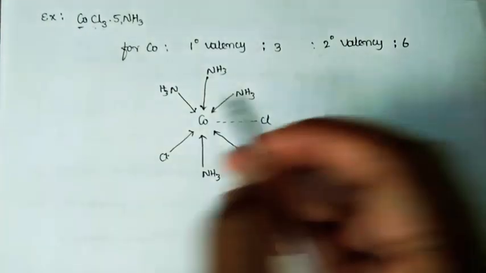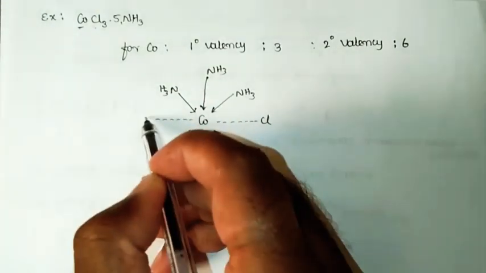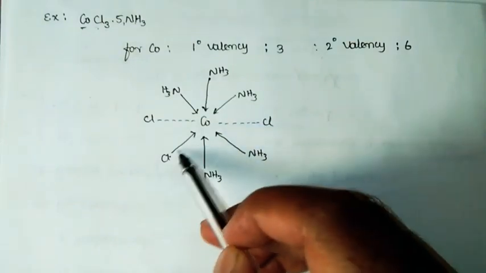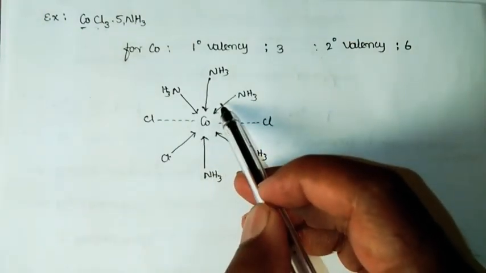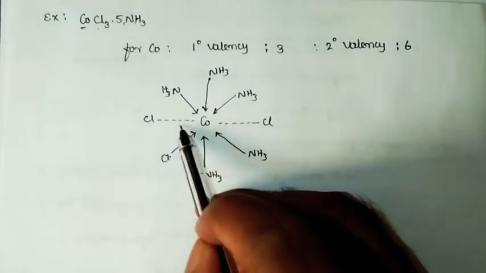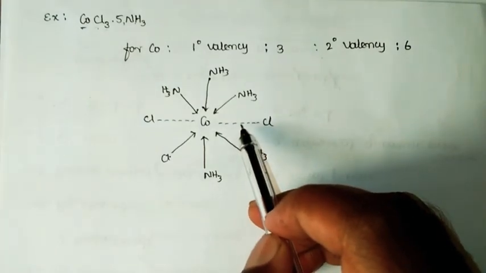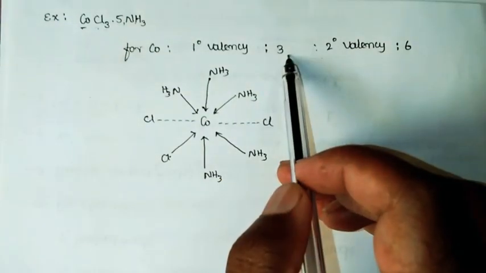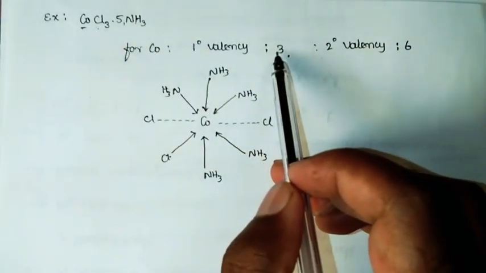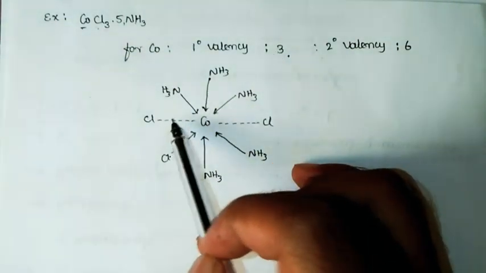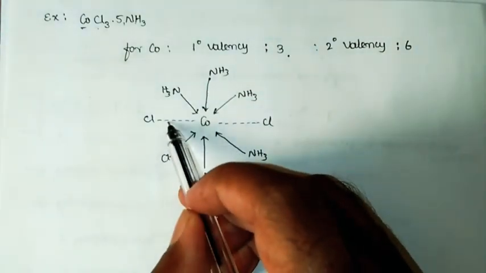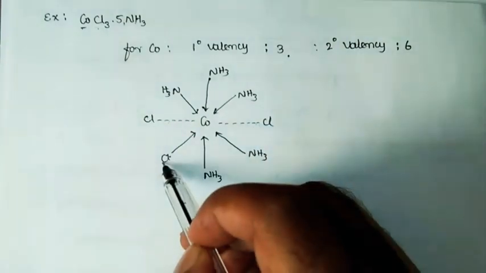So here one Cl and here one Cl. Here I have shown 2 kinds of bonds, solid lines and dotted lines. The solid lines account for the secondary valency and the dotted lines account for primary valency. But the primary valency of the cobalt is 3, that means 3 positive charges. So we should have 3 negative charges, right? 1, 2, 3.